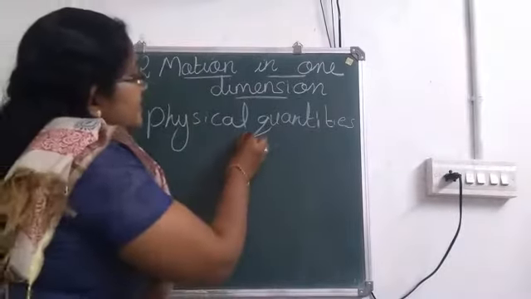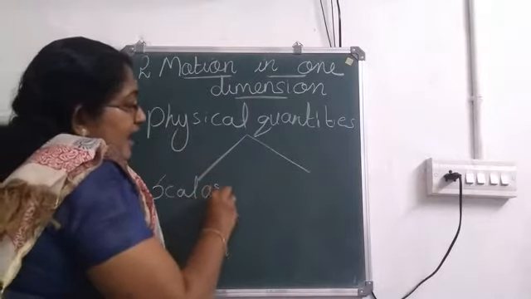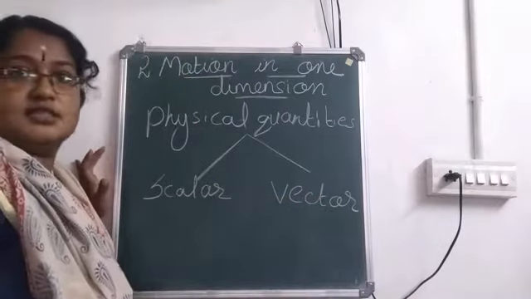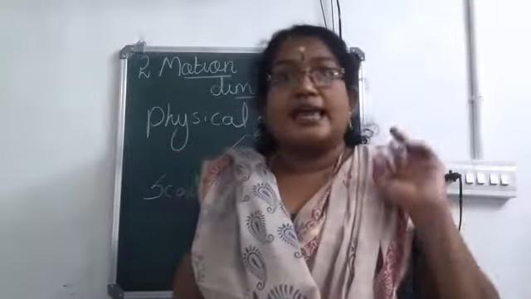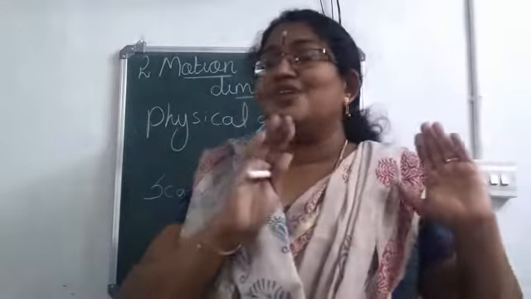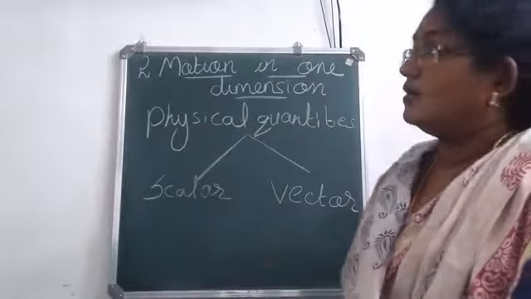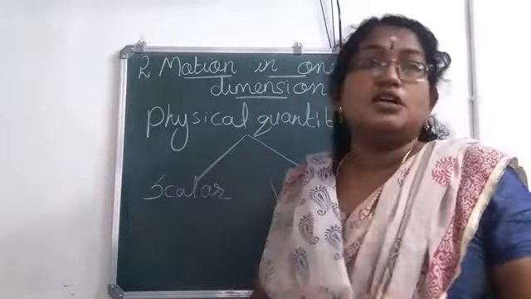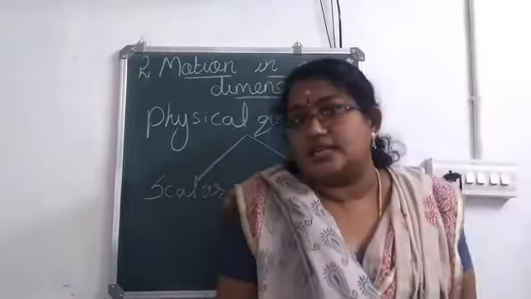Now, these physical quantities can be divided into two: scalar quantities and vector quantities. So now we will check what scalar and vector quantities are.